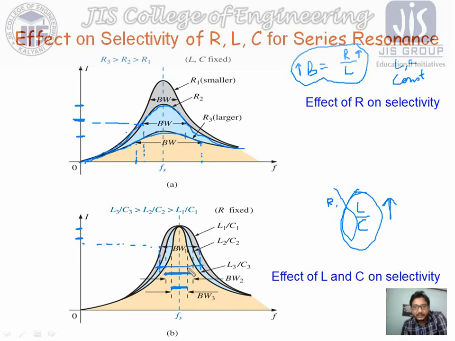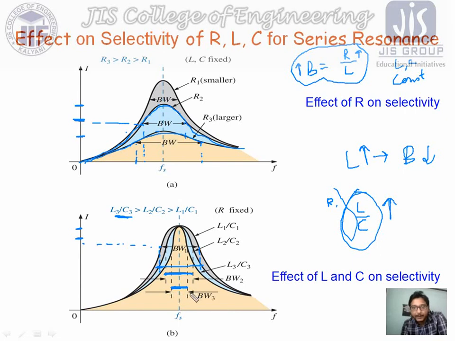So if we increase the value of L, it means the ratio of L by C increases. Whenever we increase L, obviously our bandwidth should decrease. This graph shows that L3 is the greatest, that's why our bandwidth is minimum.